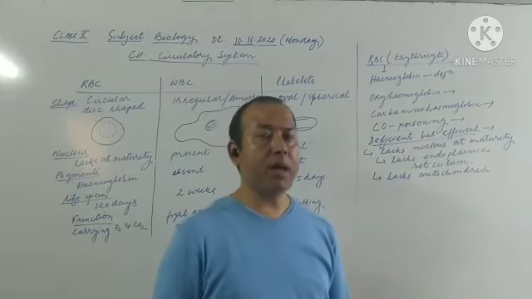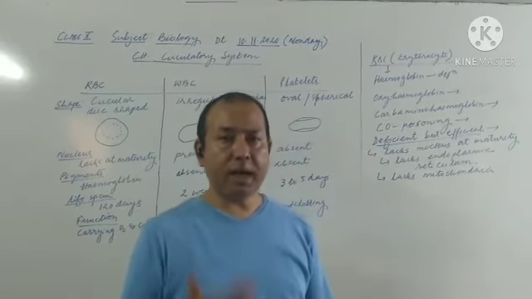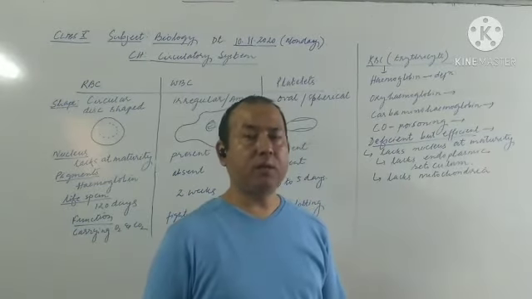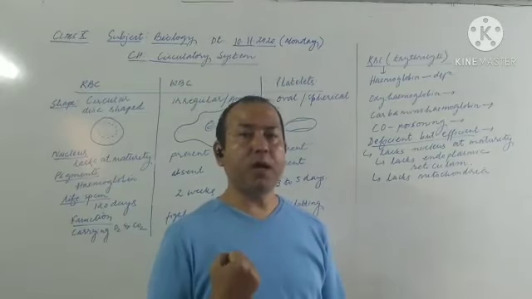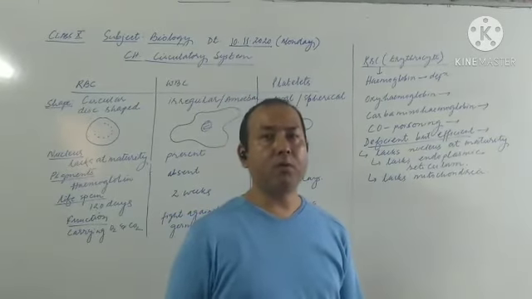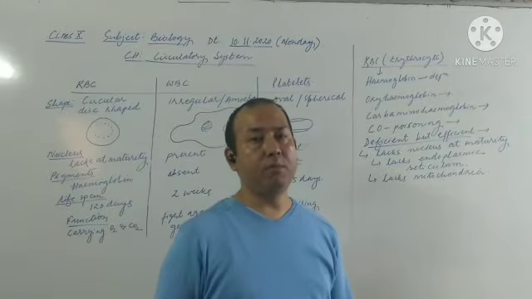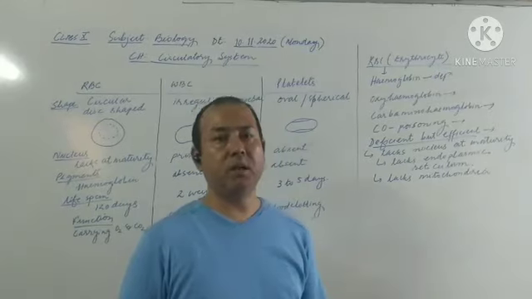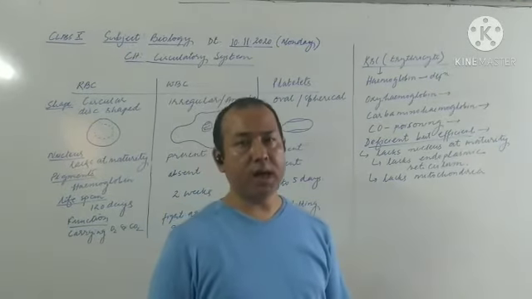We need to remember here that hemoglobin has greater affinity for carbon monoxide as compared to oxygen. So hemoglobin will prefer to pick up carbon monoxide, and thereby an unstable compound is formed called carboxyhemoglobin. So carboxyhemoglobin is a compound formed by the combination of hemoglobin and carbon monoxide.